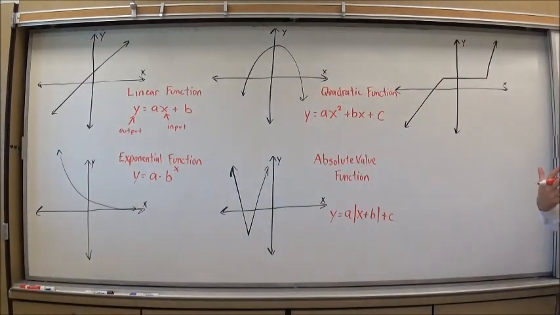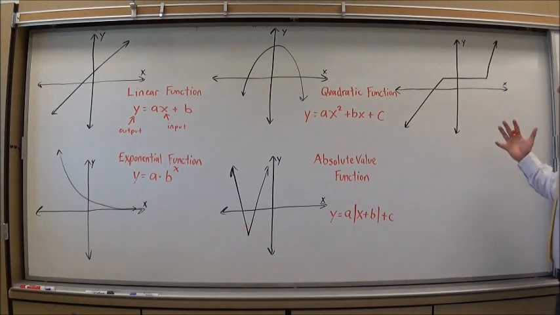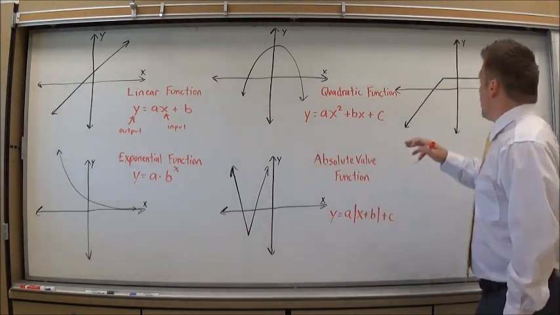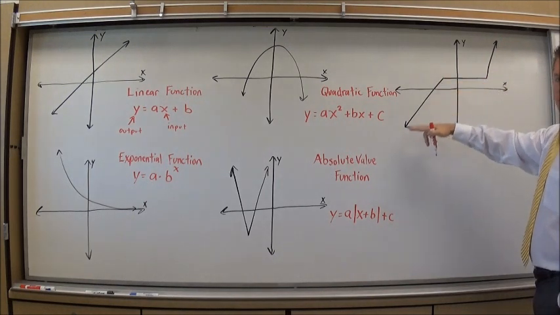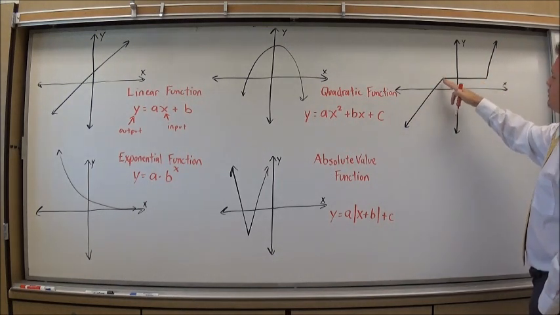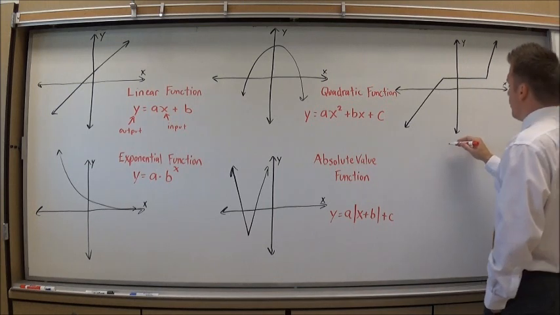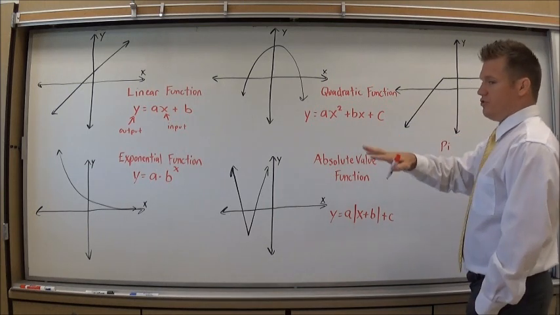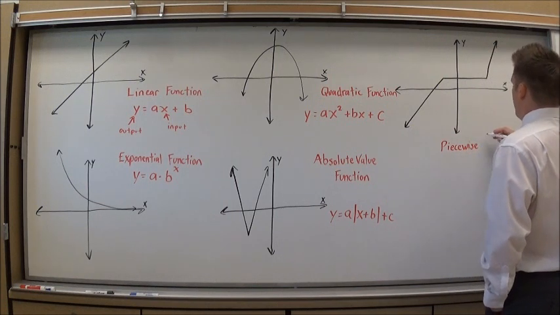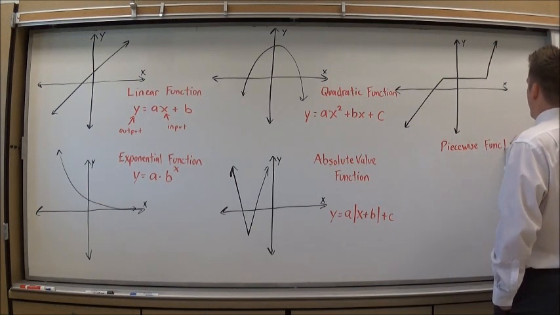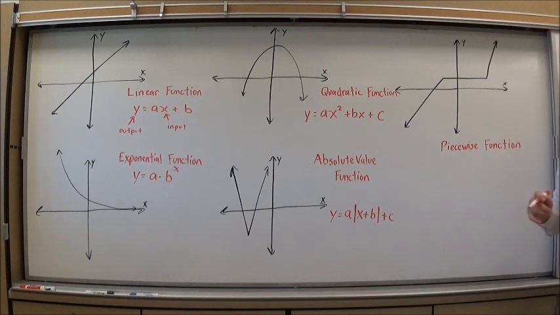Now our last one is a little tricky because it's not really any of these four alone. If you look here, I have pieces of functions. Pieces. I have a piece here, then it changes, and then here. When you have a function that isn't keeping a general form but is changing a lot, and it looks like it's using pieces of each function, we call that a piecewise function.